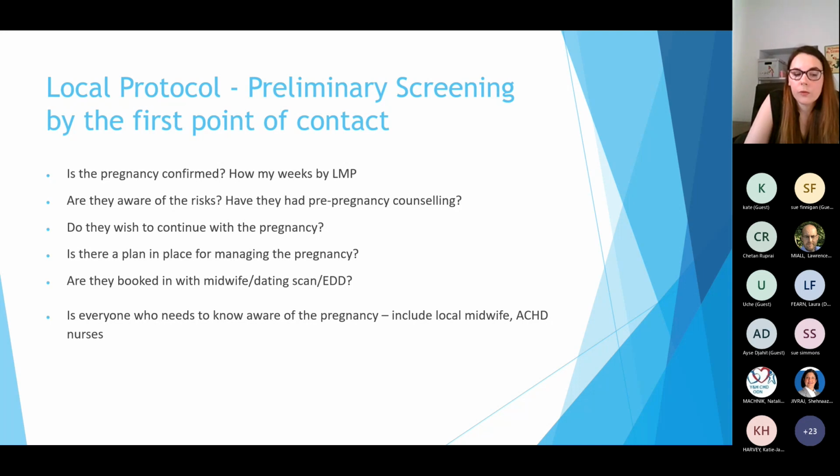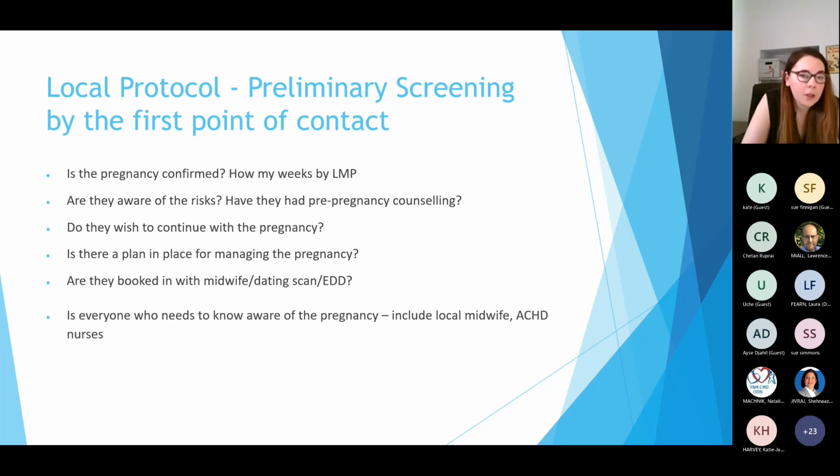Through review of their clinic letters, there should be documentation as to whether they've had any pre-pregnancy counselling and whether there are any plans already in place for managing a pregnancy, and to make sure that the patient is aware if there are any increased risks if they do continue.